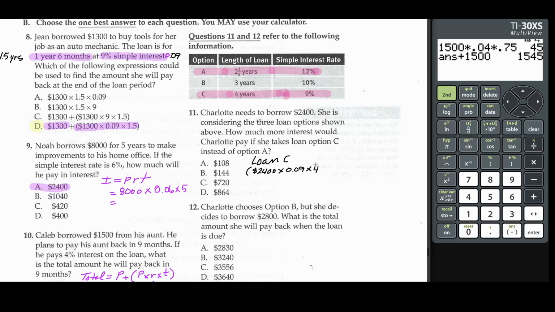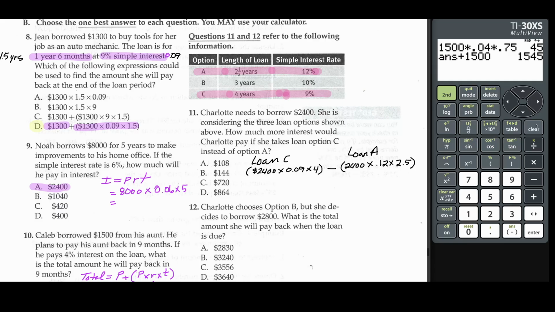Okay, this is loan C. Now, this minus loan A. So loan A is 2,400 still. Multiply that by 12%, which is 0.12. Then that multiplied by 2.5 years, which is 2.5. Okay. This is loan A. Okay. Now let's use our calculator to do these, and then we can subtract.